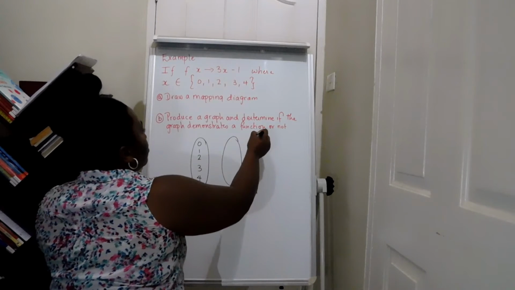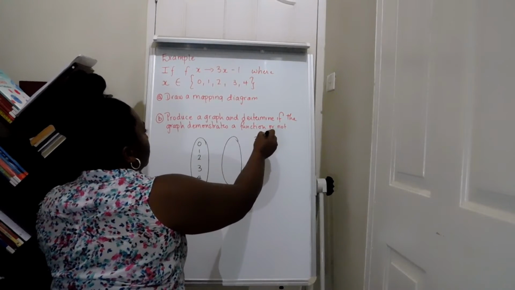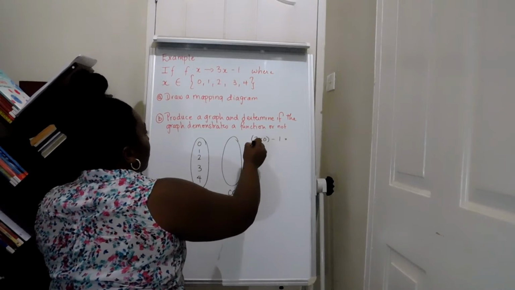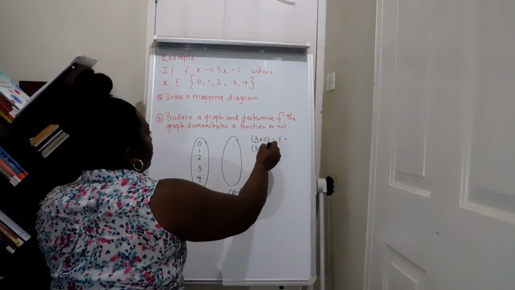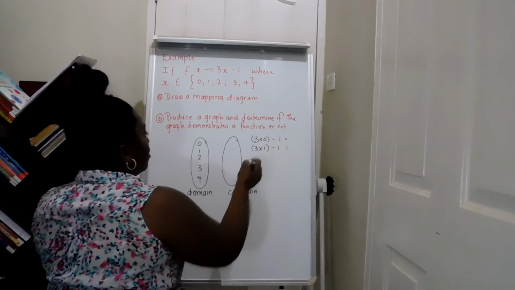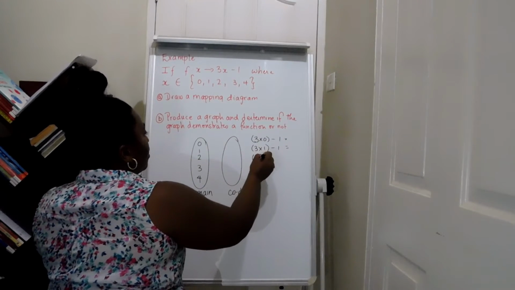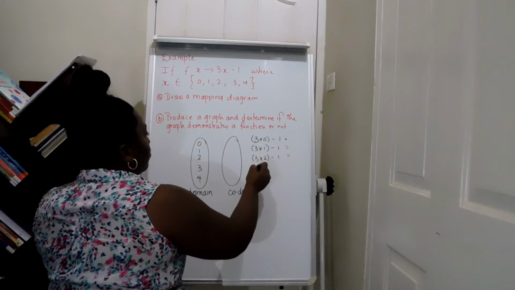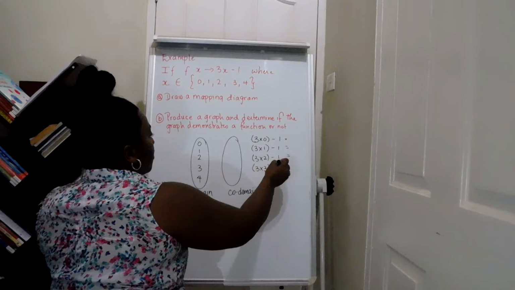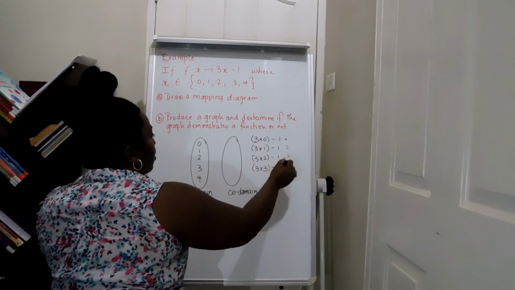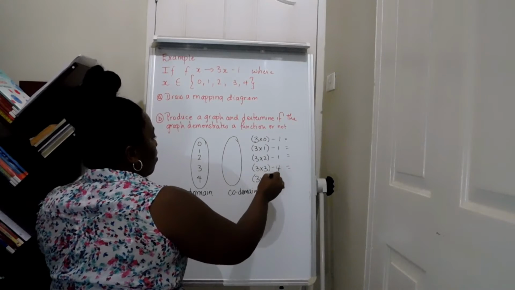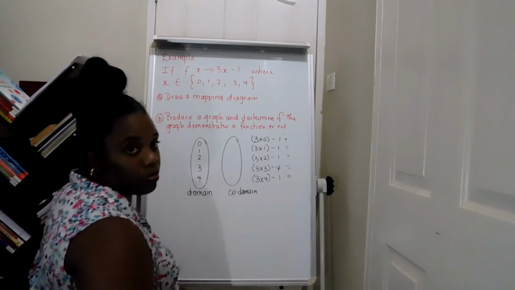For this one, it's 3 times 0 minus 1 equals. Then we're going to have 3 times 1 minus 1 equals, 3 times 2 minus 1 equals, 3 times 3 minus 1 equals, and 3 times 4 minus 1 equals.